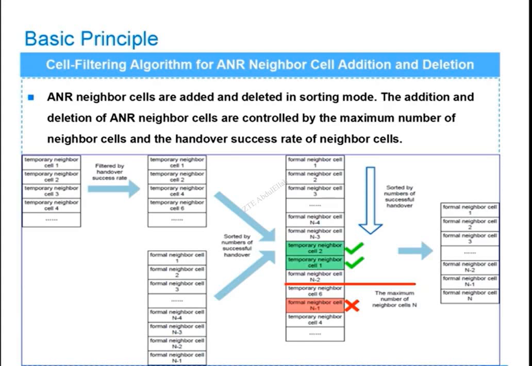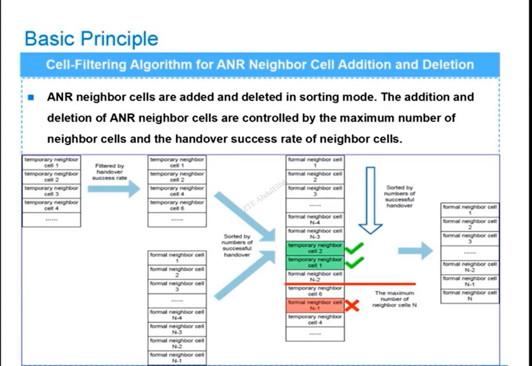The neighbor cell deletion process is originated for the n formal neighbor cells. The neighbor cell deletion process is originated for the n temporary neighbor cells. So it detects if the formal neighbor cells or temporary neighbor cells are full, and it will rank them in descending order. When it exceeds the maximum number, it will perform the detection based on the ranking and perform the deletion procedure, so it always keeps the maximum number.